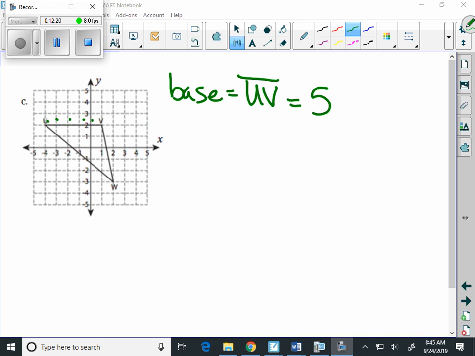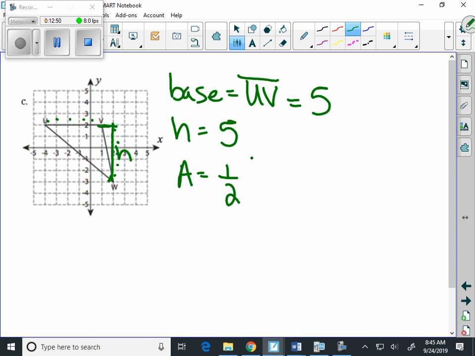Now that we found the base, we need to find the height. So remember, in an obtuse triangle, the height's going to be outside of the triangle. So here's the height. 1, 2, 3, 4, 5. The height is 5.